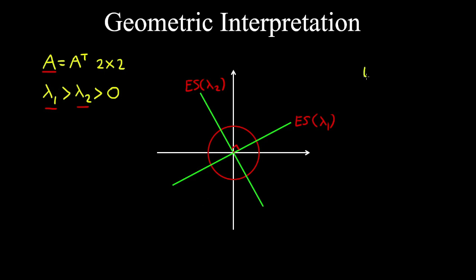Now assuming our starting unit vector v0 is not orthogonal to the eigenspace corresponding to lambda 1, being our dominant eigenvalue, so our starting vector touches the unit circle, which has a radius of 1, then we can resolve v0 into orthogonal components by projecting the vector onto both eigenspaces.